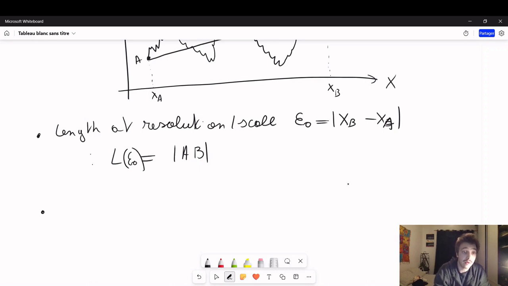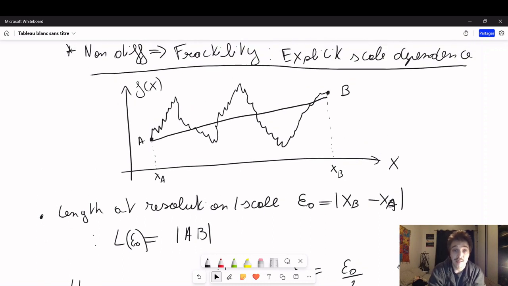You do now the length at scale epsilon 1, which is equal to epsilon 0 divided by 2. What you can do is find any point close to the middle of that interval between xa and xb.